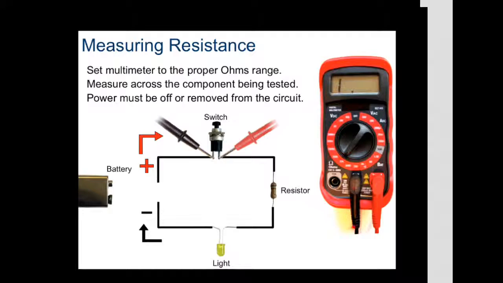It'll provide an output current, and then it'll go through the resistor, the current will decrease, and then it'll go back into the multimeter, and then the multimeter will read how much it decreased. And then that will provide you with a resistance measurement.